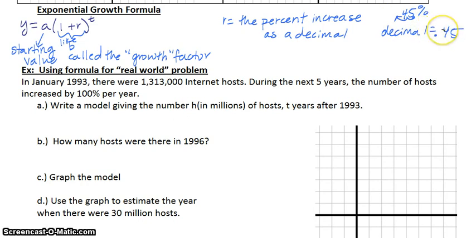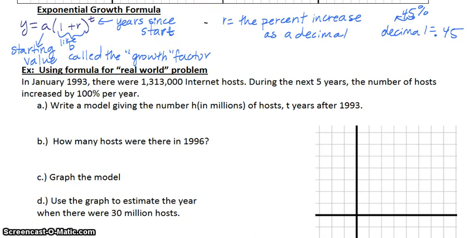Ask me more about that in class if needed. And then last but not least, I got the t value. That's going to be the years since the start happened. And by the way, it's not always years, but about 90% of the time it is going to be the years, so that's why I want to say that. So the years since the start is t.